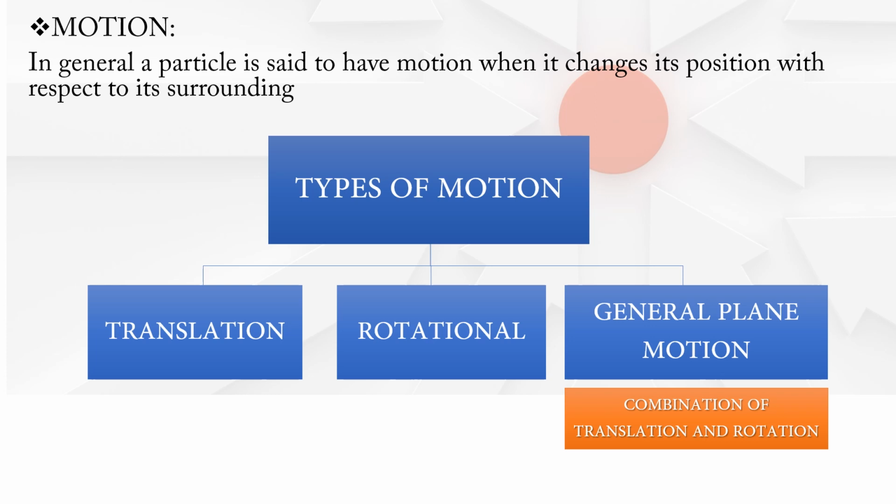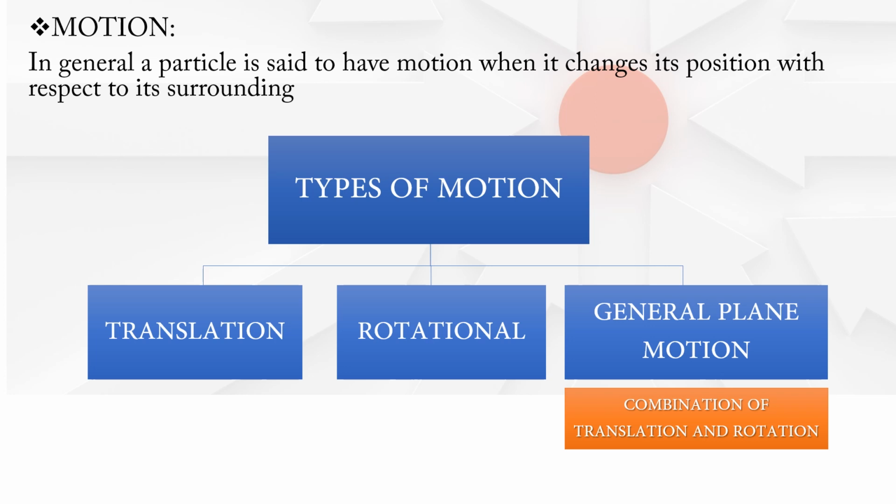For an example, if we consider a case of bicycle, suppose a bicycle moves from one position to another position along a straight line. Then, if we consider the different parts of the bicycle, say for an example, the seat of the bicycle. When the bicycle moves from one position to another position along a straight line, its seat performs a rectilinear motion. It moves from one position to another position.